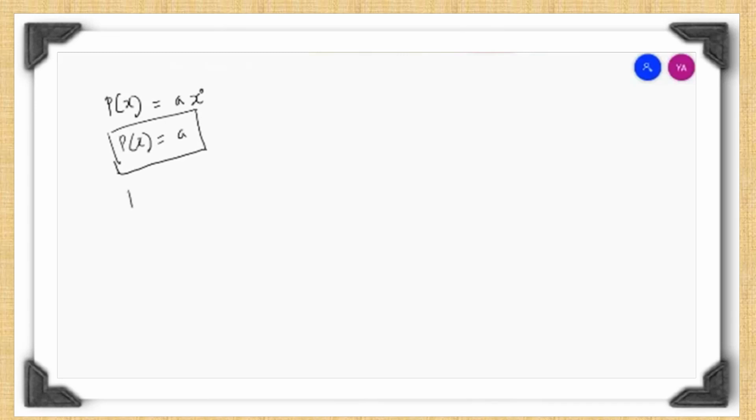Okay. So for example, p of x is equal to simply 4. For another example, p of x is equal to simply 0. So how will be the geometric idea of the zeros of these polynomials?